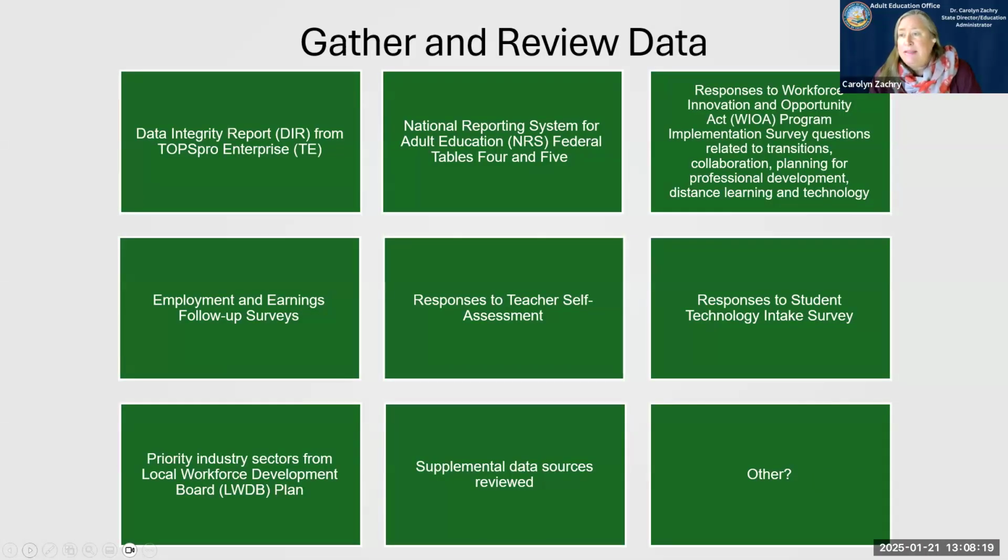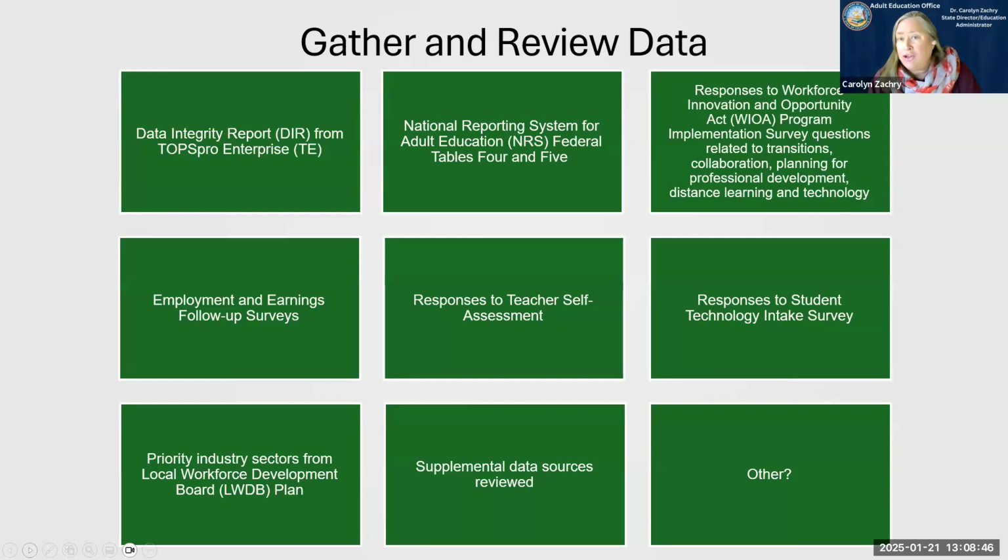So when we talk about data, and I talked about that you're going to want to gather data, you're going to want to gather data from TE, your data integrity report. You're going to want to look at your NRS tables 4 and 5. You're going to want to also look at the implementation survey from CASAS, because that's just opening now.